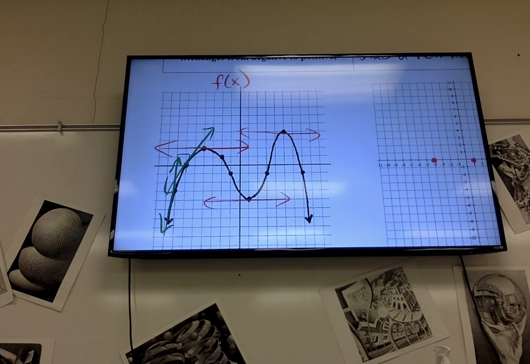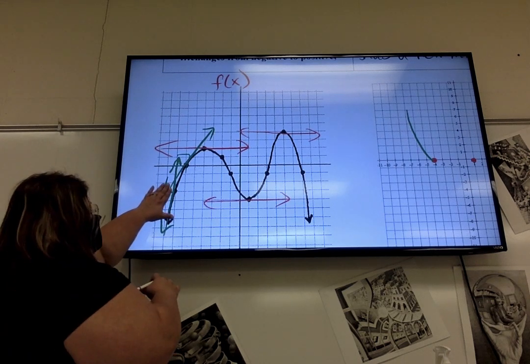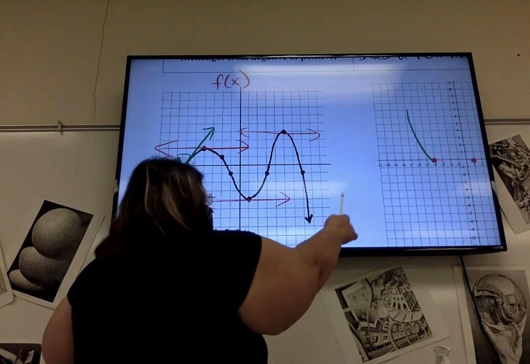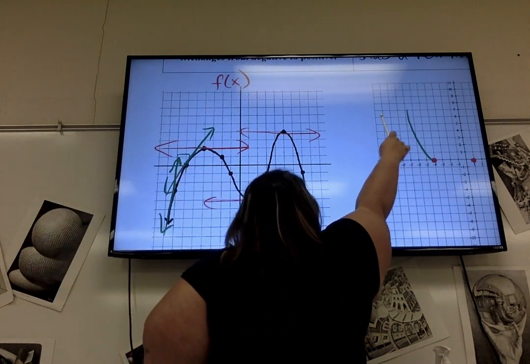They're positive, so it's positive and decreasing. So it can look something like that. For these, it starts off high, and then it decreases.